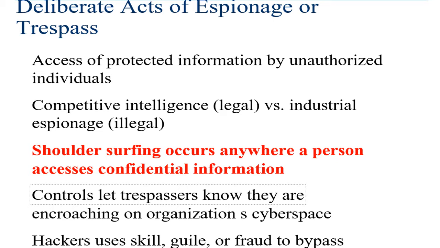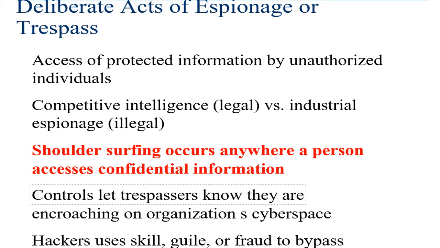We also have what we call deliberate acts of espionage or trespass. Basically, this is access of protected information by unauthorized individuals, and competitive intelligence, which is legal, versus industrial espionage, which is illegal. Shoulder surfing occurs anywhere a person accesses confidential information.